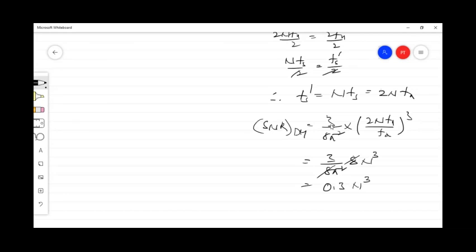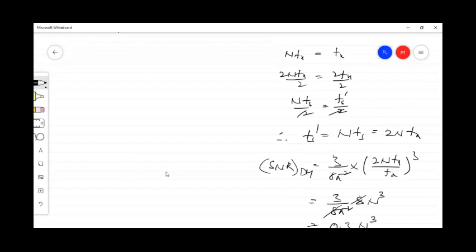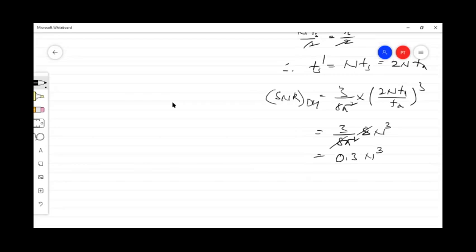So when we compare this with the 2 power n, in case of PCM, SNR of PCM equals 2 power 2n, whereas SNR of DM equals 0.3 n cube.